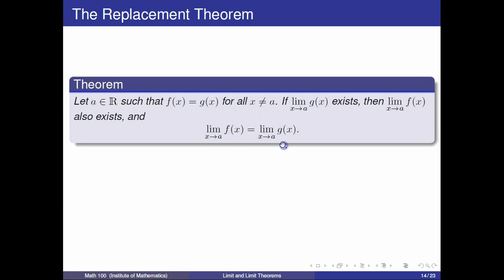Okay? So, ulit, you have a function f equal to a function g of x everywhere except when x equals a. Tapos, ang limit daw ni g of x nag-e-exist eh. Ibig sabihin, nag-e-exist na rin yung limit ni f of x at equal yung limit nilang dalawa.